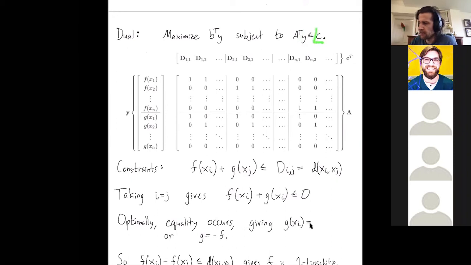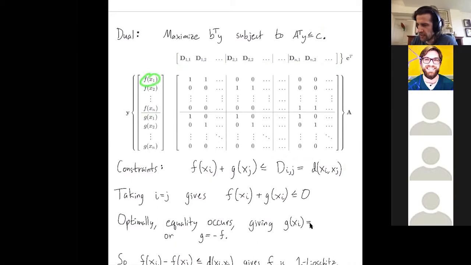C, you'll remember, was our vectorization of all the distances. So here's our vectorization of all the distances. Dij is just notation for the distance between point I and point J. Okay, so when you multiply A transpose Y, you get things of the form, let's see.